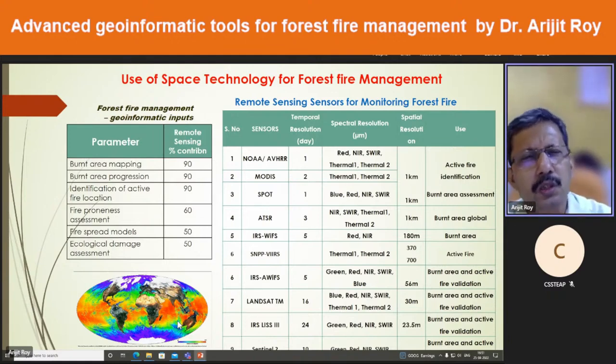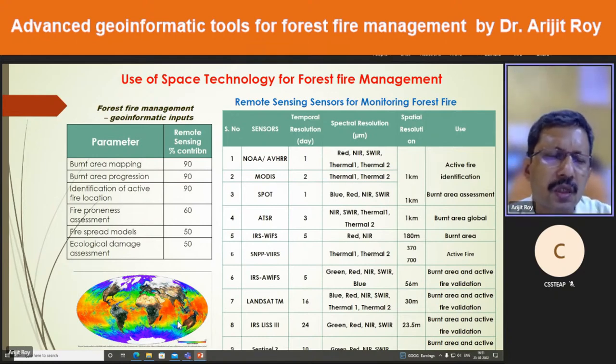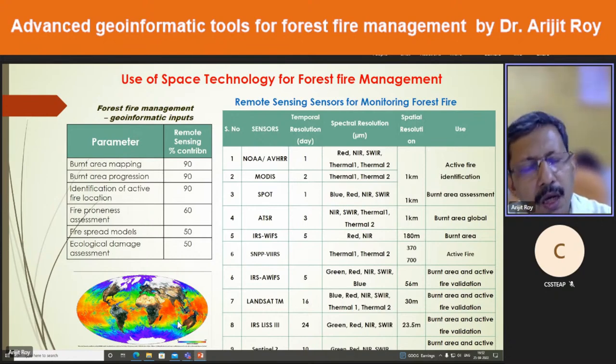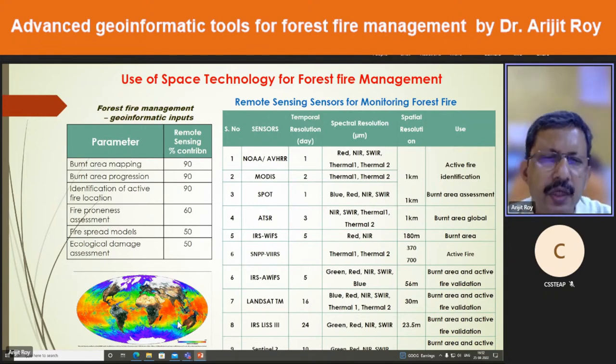Here, remote sensing contributes more than 90% of the inputs. Whereas the other aspects like fire proneness assessment, fire spread models, or ecological damage assessment have to have a significant contribution from the meteorological sensors as well as the ground-based inputs.